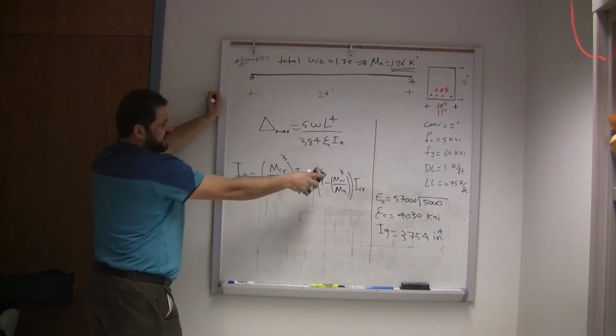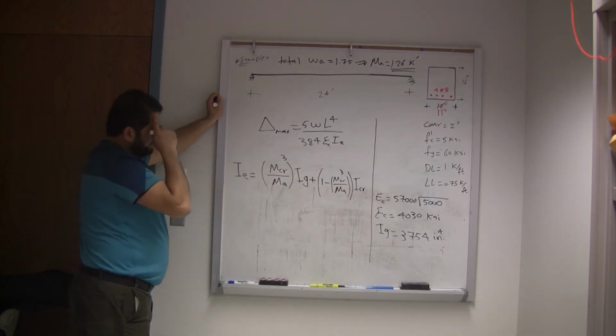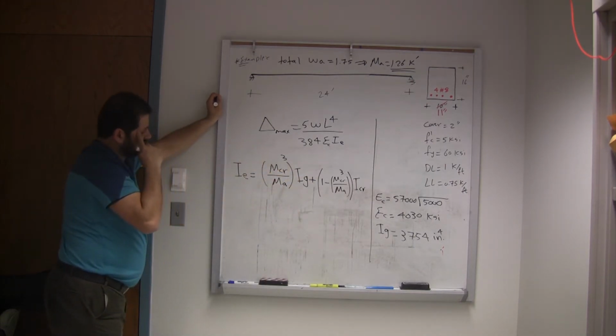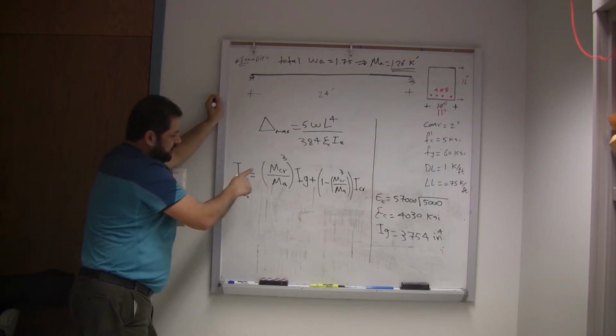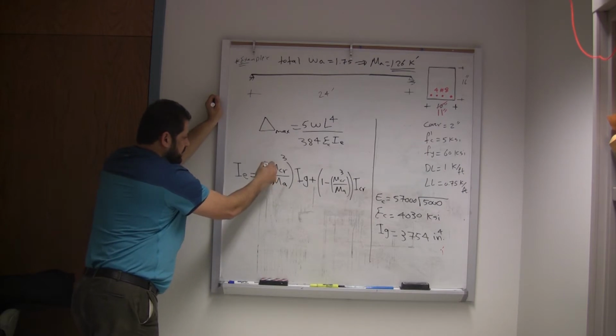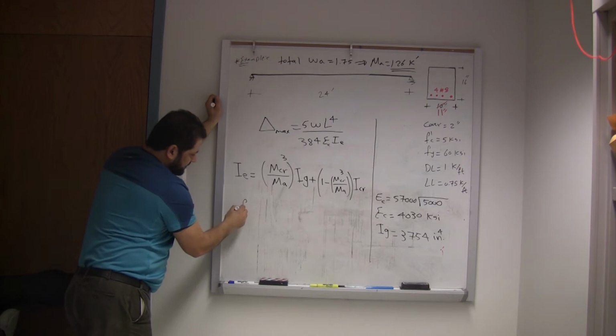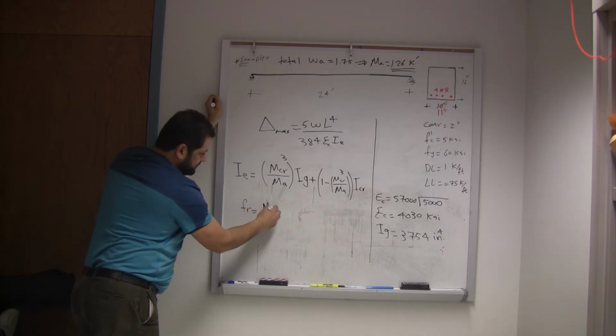What's left is M cracking and I cracked. We know that f_r, the modulus of rupture, is related to M cracking.